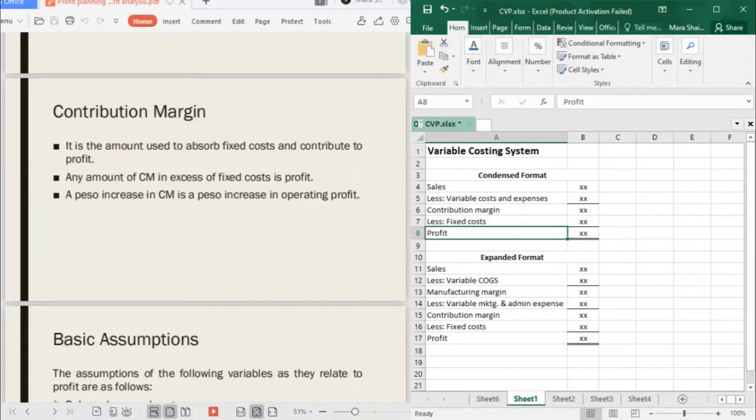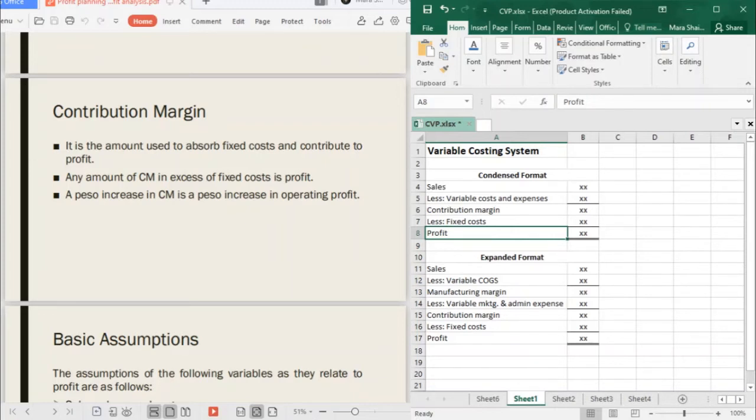The contribution margin is what covers your fixed cost, and what is remaining is of course your profit. Thus, a peso increase in your contribution margin is also an increase in your profit, meaning there is a direct relationship between your contribution margin and your profit. So again, please remember that.